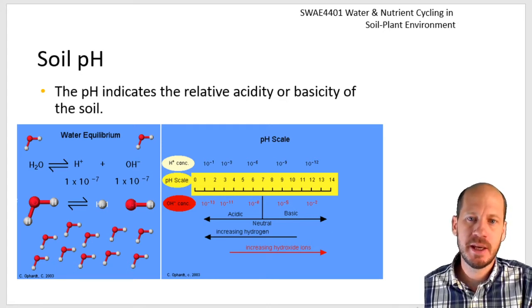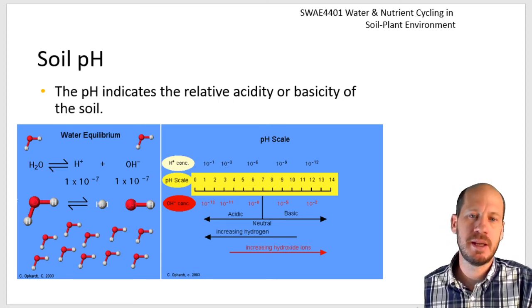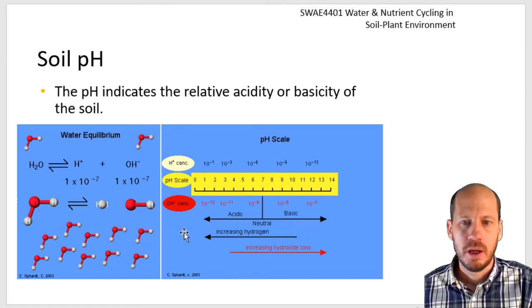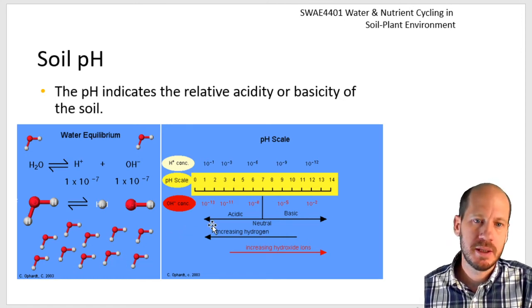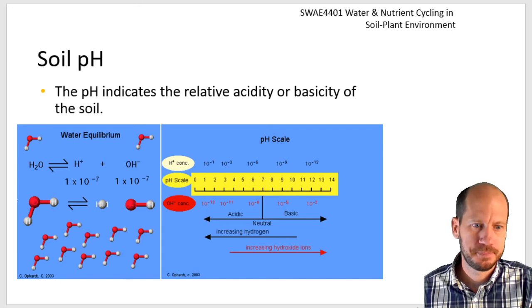Between 7 and 6, there is 10 times more hydrogen at 6 than at pH 7. And between 7 and 8, there is 10 times more at 7 than at 8. It's the negative of the logarithm of the concentration of hydrogen, so it works in an inverse manner.